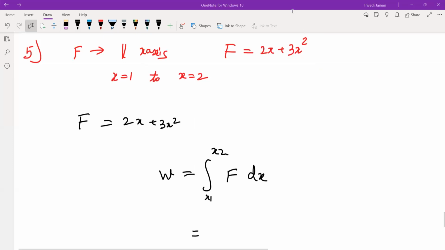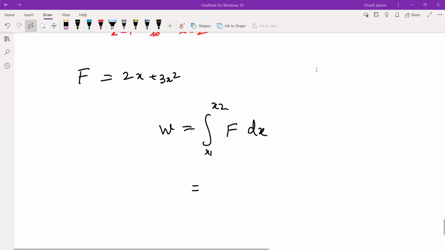What about your answer, Ritvik? Are you facing any difficulty in this one? Can you explain this one, sir?